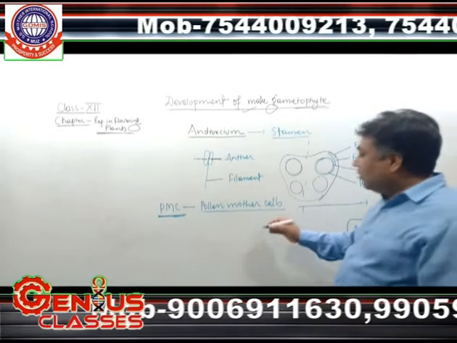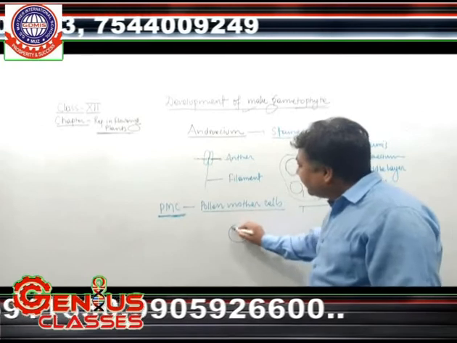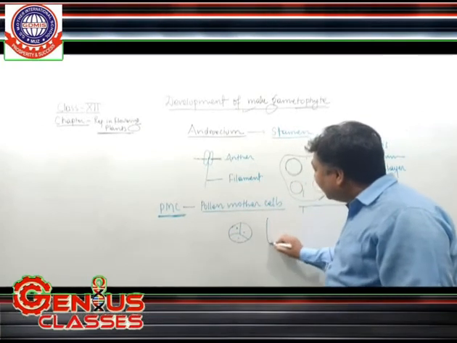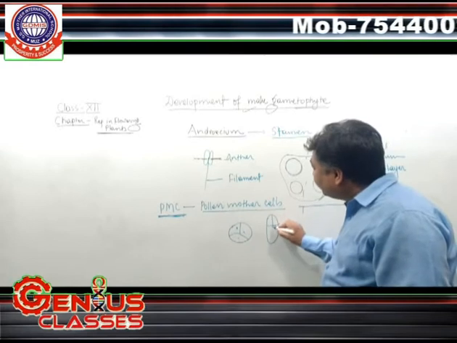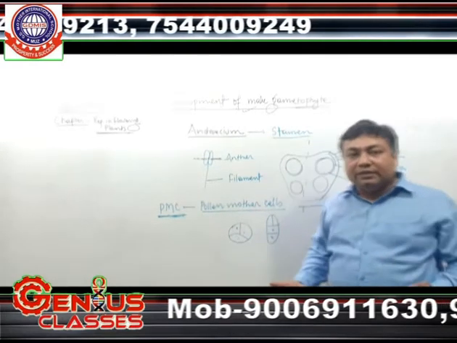When the meiotic division occurs, they remain united, either in the form of a tetrahedral structure or a cylindrical structure, whatever may be the shape.